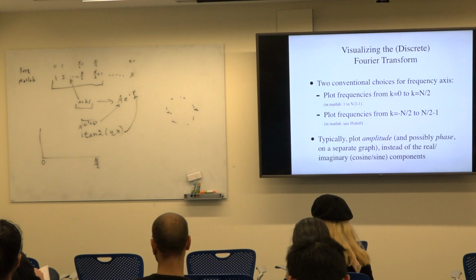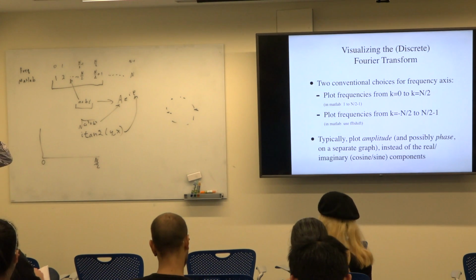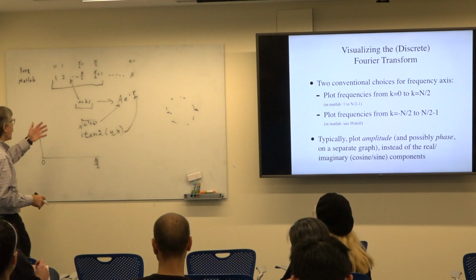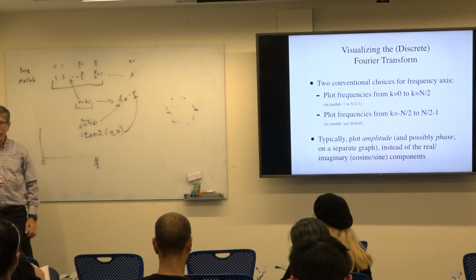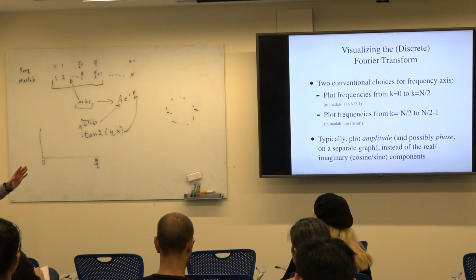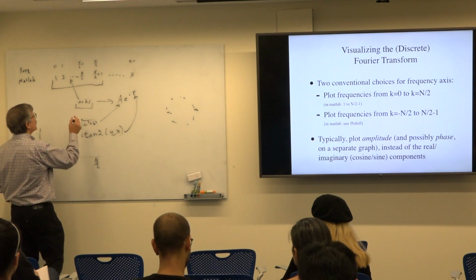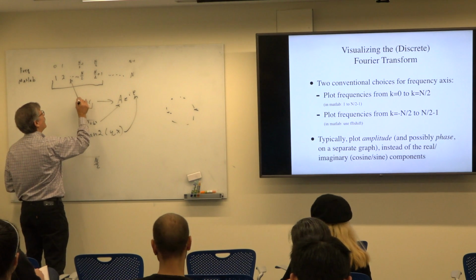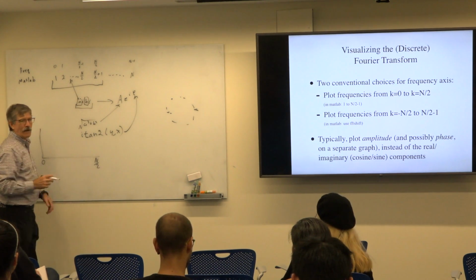You could change the x-axis in various ways, so let's talk about that in a second. But you could plot any one of these guys up here. You could plot a, you could plot b, you could plot capital A, you could plot phi. Any of those are things that you might want to show your reader. Okay? So suppose you want to just show the raw data. So you want to show a and you want to show b.